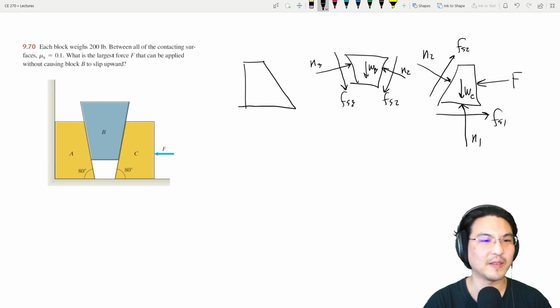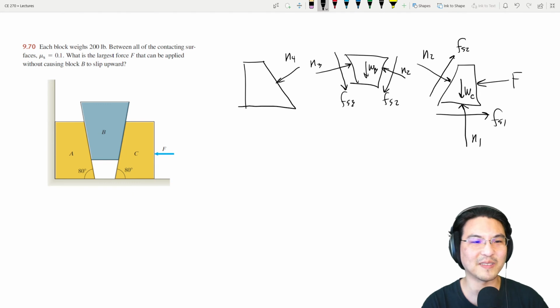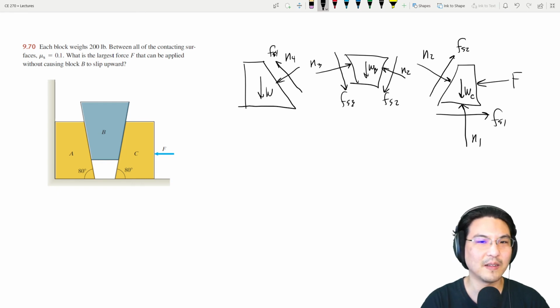And did we get everything? I think so. Okay. Then block A, there's a normal force from block B. And then block A is not going anywhere, but block B is sliding upwards. So then there's going to be a friction force like this. And then block A has weight.